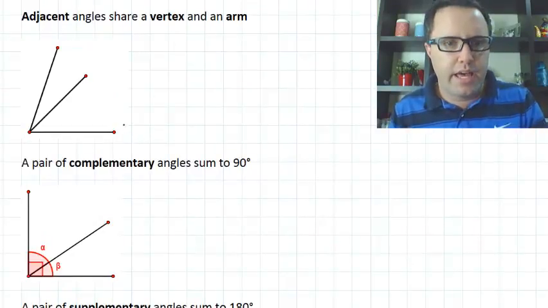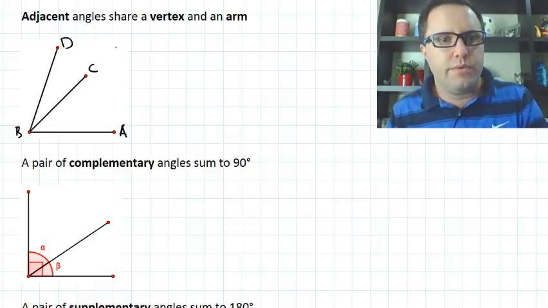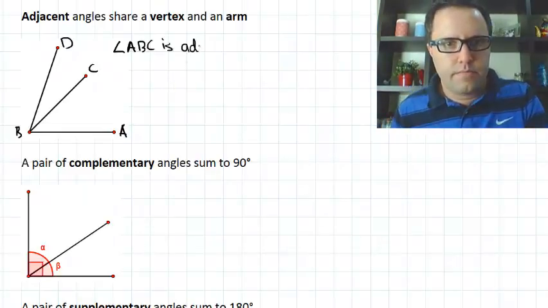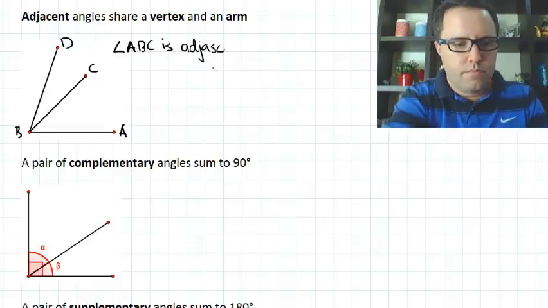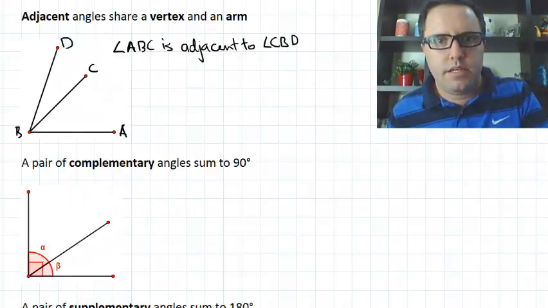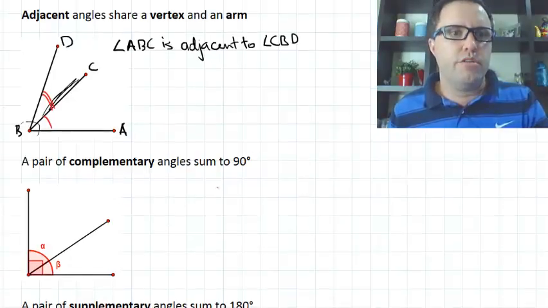So if we had A, B, C, and D, we would say that angle ABC is adjacent to angle CBD, okay? Because they both share this vertex B and they share this arm, this one here, okay? So we've got two angles, this one and this one here. All right, so they're called adjacent because they're right next to each other.